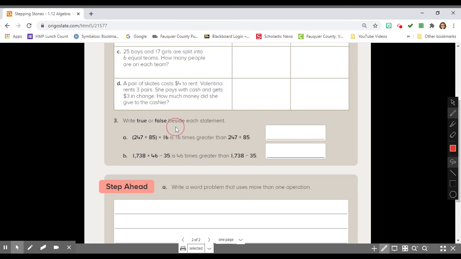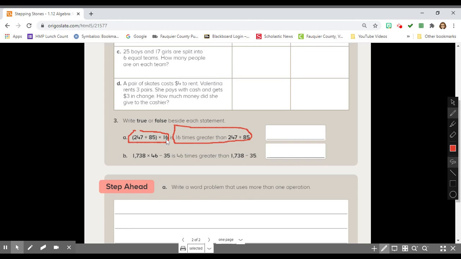If I put a line right here, this right here and this right here is an expression, and this is an expression. They just wrote it differently.